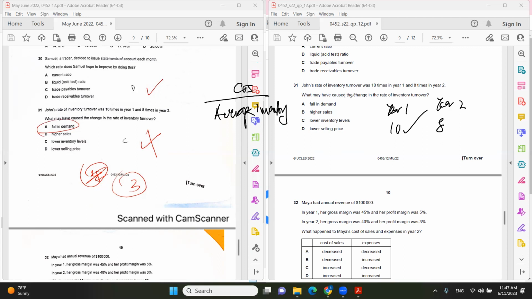Next, which may not cause the change in the rate of inventory turnover? Now look at this information. Cost of sales is actually the purchase price times the quantity of the purchase. The quantity will not have an impact, because the purchase quantity matches the sales quantity.